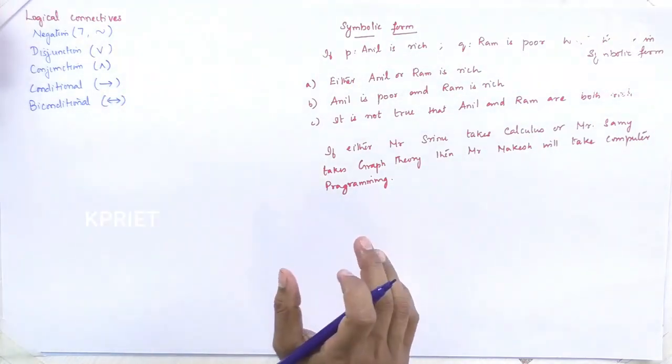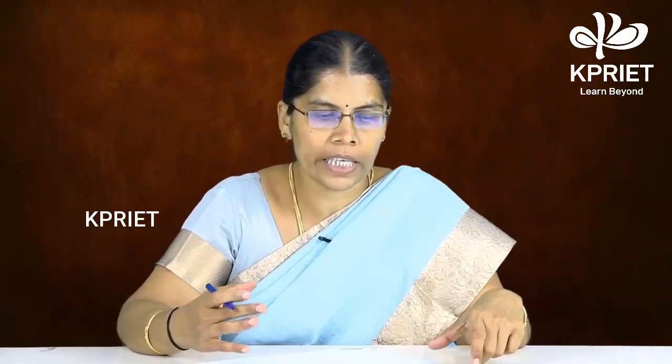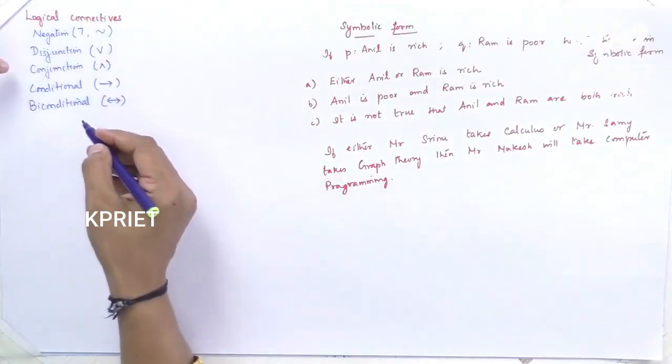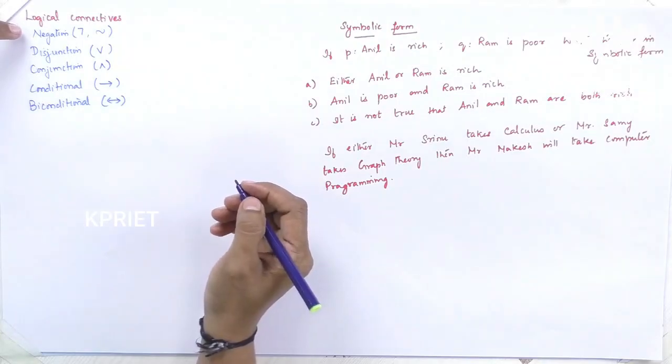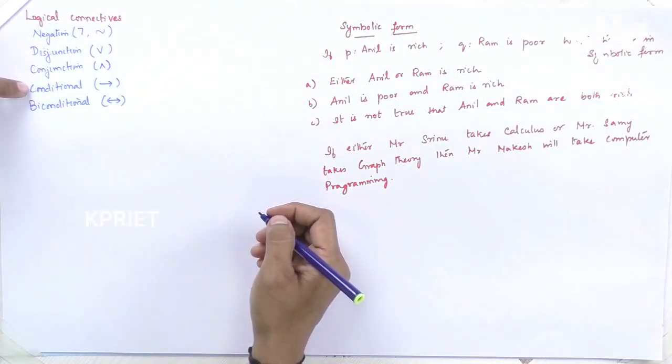So these are all the very basic connectives which you might have studied in the digital electronics paper. The same connectives we will make use of here in the discrete mathematics course also. We have all these 5 connectives, and the hierarchy is: negation first, conjunction second, third disjunction, and fourth conditional as well as biconditional.